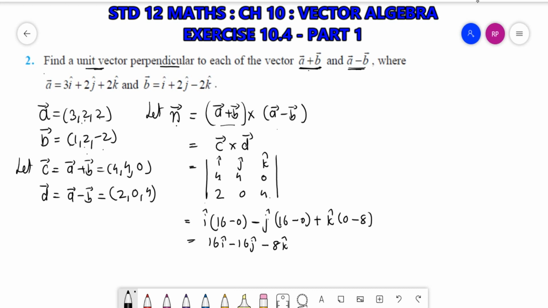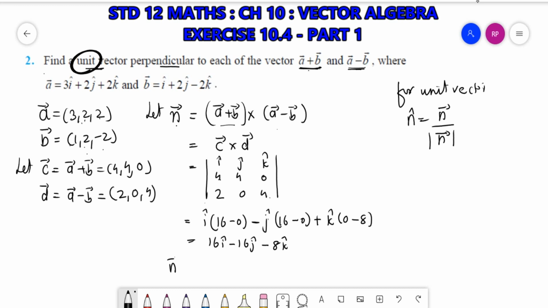Now see, this is the vector in the direction perpendicular to a plus b and perpendicular to a minus b. But what's the question? It's not the vector, it's the unit vector. So for the unit vector, I will take the unit vector of n, and that will be equal to vector n upon magnitude of vector n.